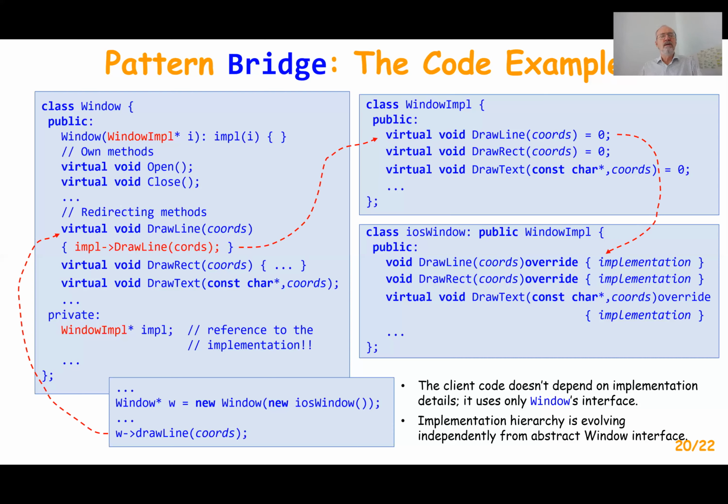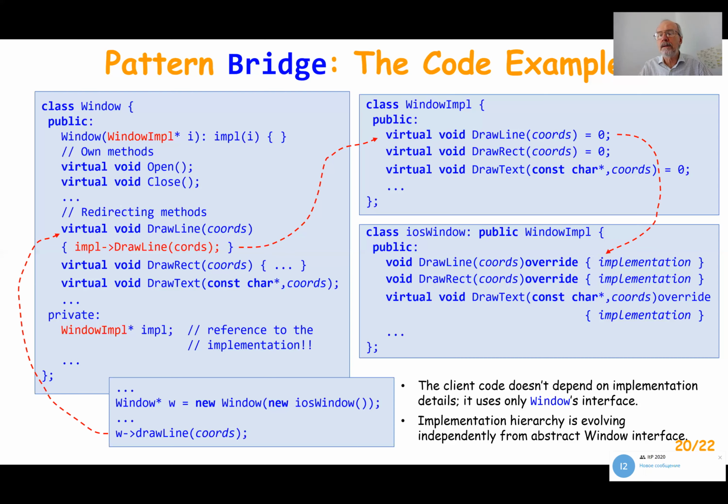The drawLine call refers to the drawLine function from the Window class. The body of that function is that we use the drawLine function from the implementation, namely from the topmost implementation class.